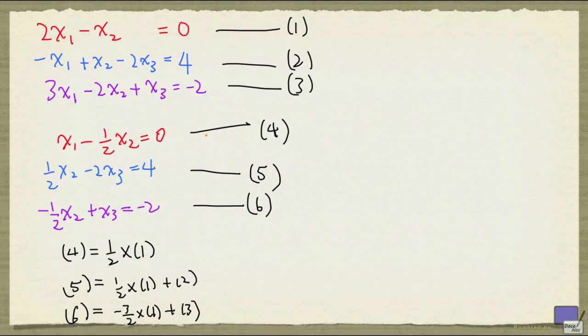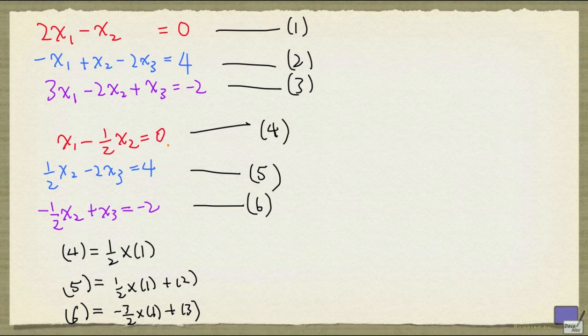Since the system consisting of the equations 4, 5, and 6 is derived from the system up here, every solution to the system up here will be a solution to the system down here. But the opposite is also true. If you take a solution to 4, 5, and 6, it will also be a solution to 1, 2, and 3. And that's because we can obtain equations 1, 2, and 3 from equations 4, 5, and 6.